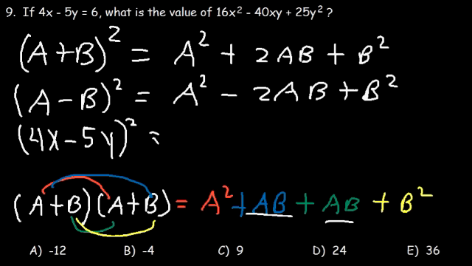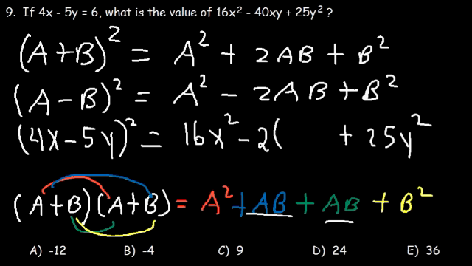So therefore, if a is 4x, that means a squared is 4x times 4x, which is 16x squared. And if b is 5y, that means b squared is 5y times 5y, which is 25y squared. So then the middle term is 2 times ab.